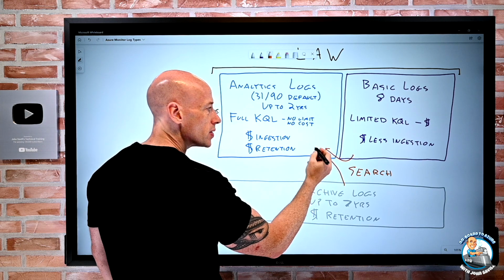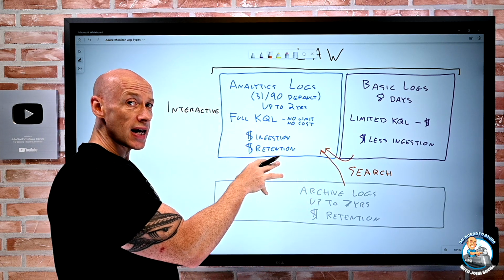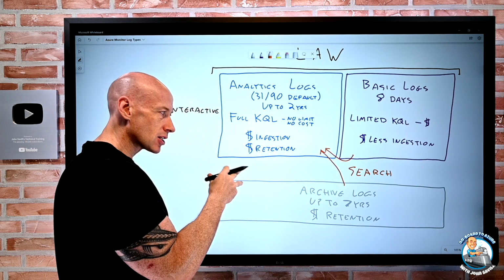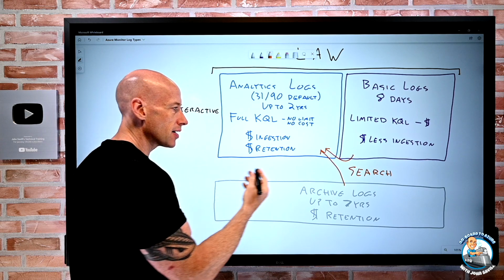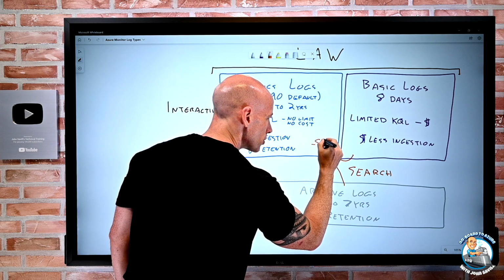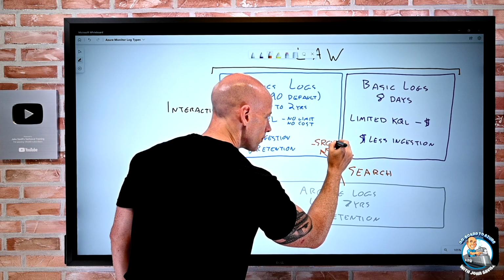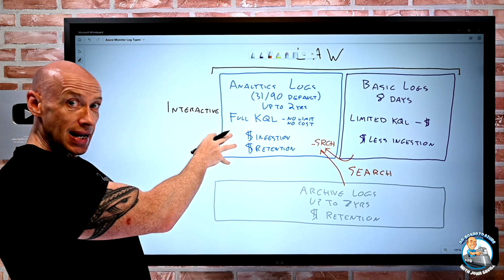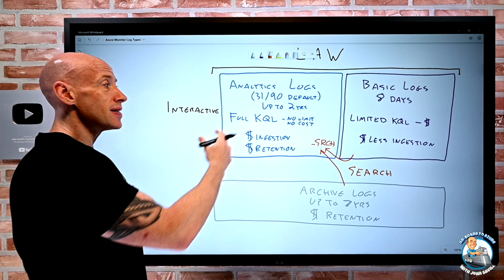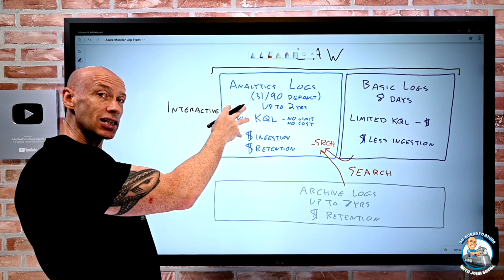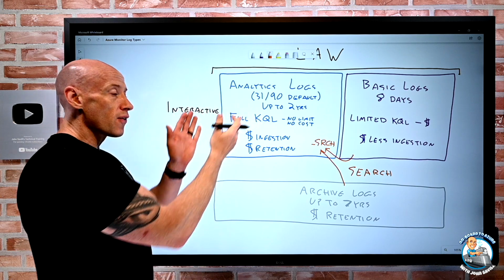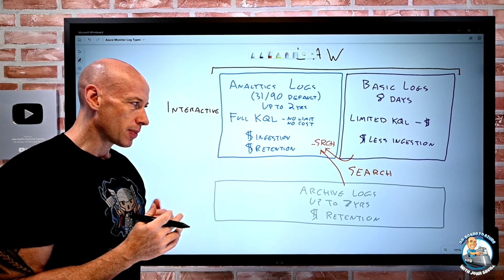And what it's going to do is actually create a brand new table in analytics logs. It's going to be something underscore search. So it's a brand new table in analytics logs. So of course, once it's now in this brand new table in analytics logs, I get the full scope of KQL available to me again.